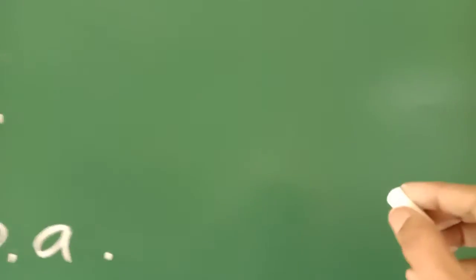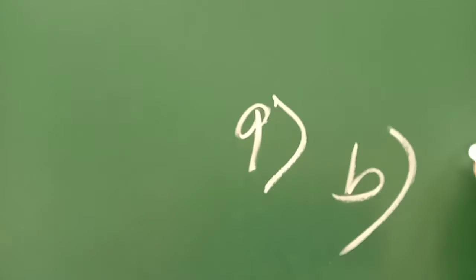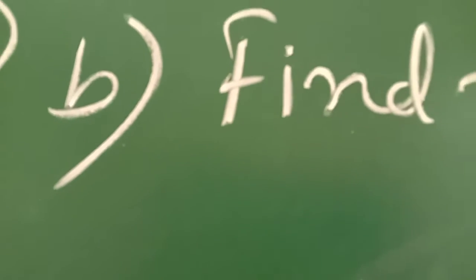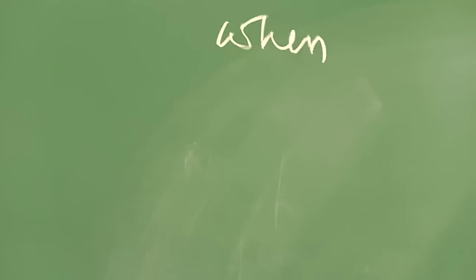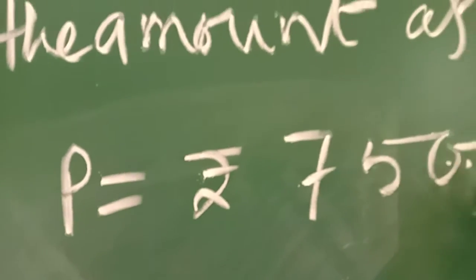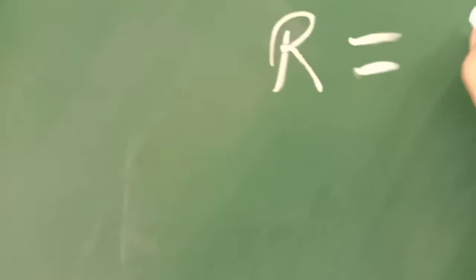Question 9B, find the amount after 3 years when principal is rupees 7500 and rate is 5% per annum.